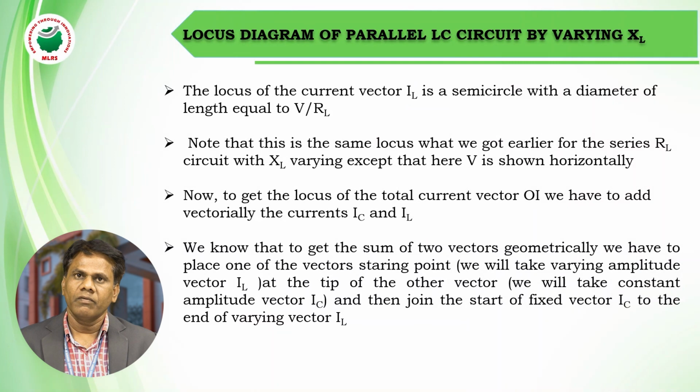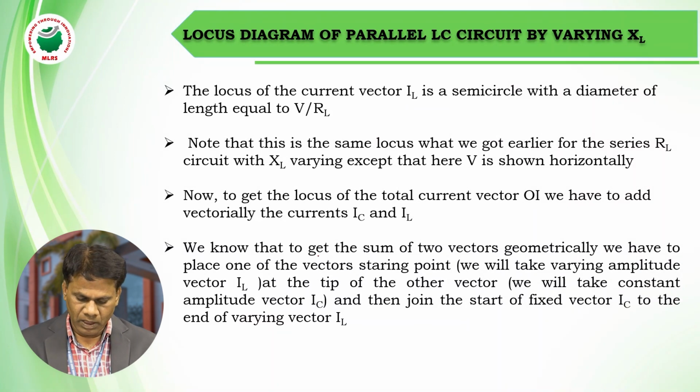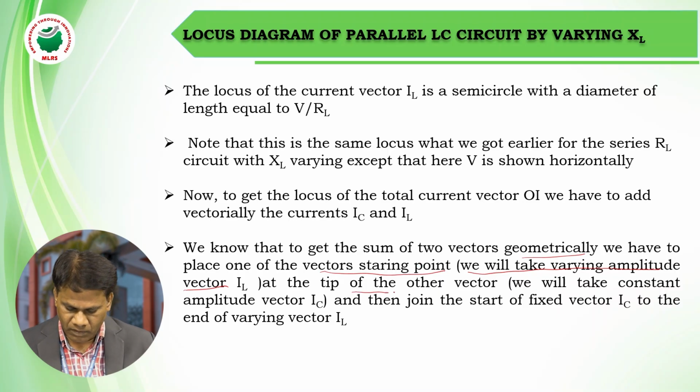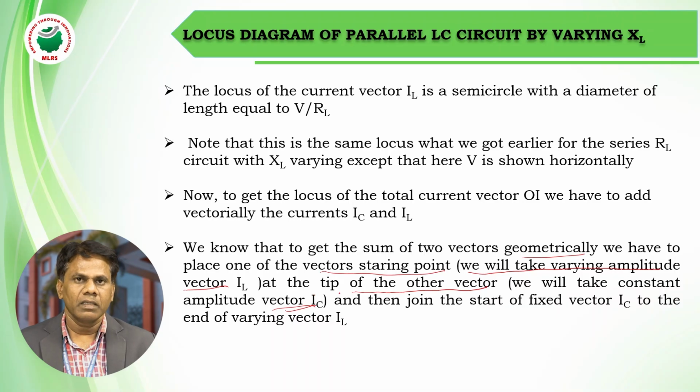Here we know that to get the sum of two vectors geometrically, we have to place the starting point of one vector at the tip of the other. Here IL is the variable current, and the other vector is the current flowing through the capacitance, that is IC.